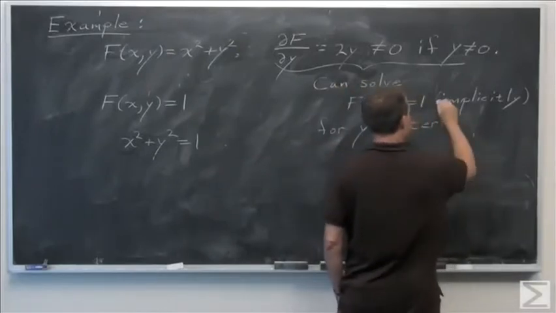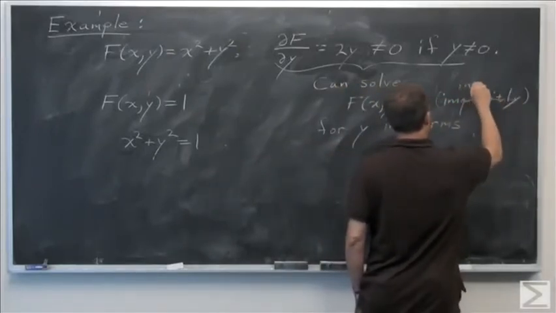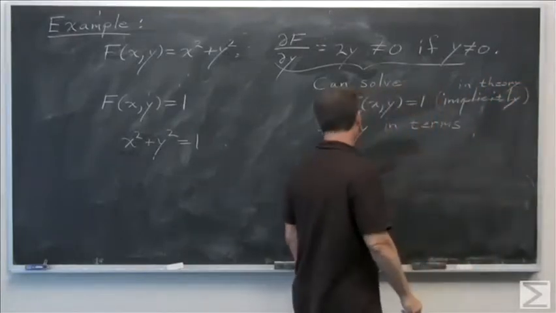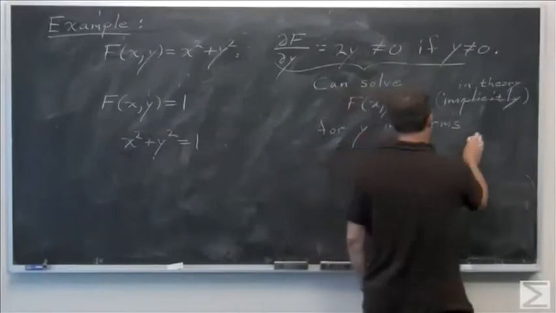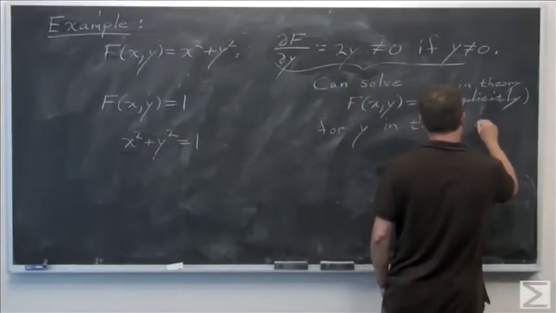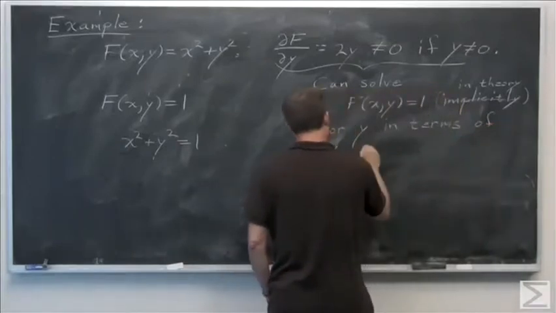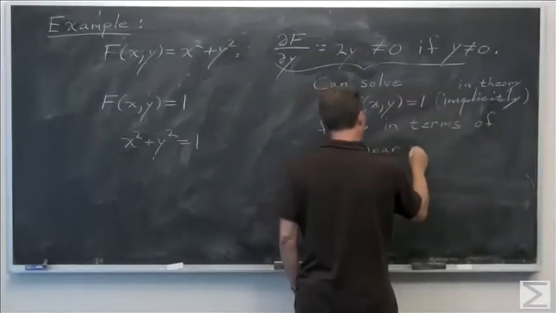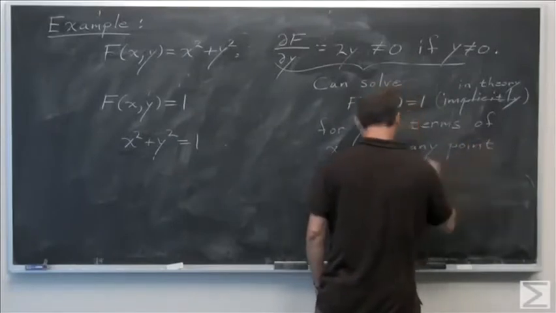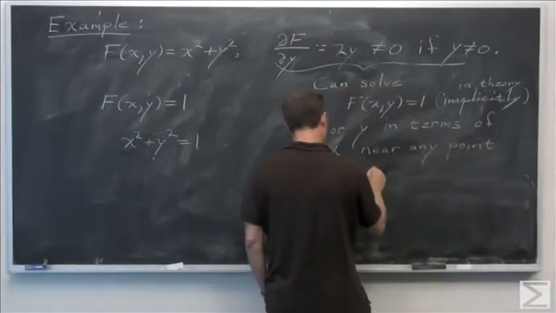So maybe I should say in theory instead of implicitly. If you actually do it, it's not implicit anymore. So you can solve for y in terms of x, in theory, near any point on the level curve.